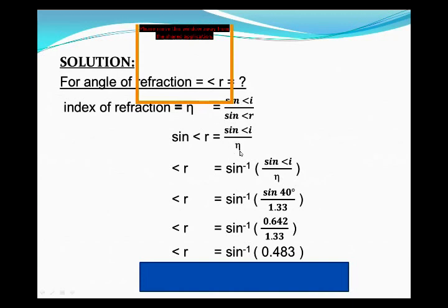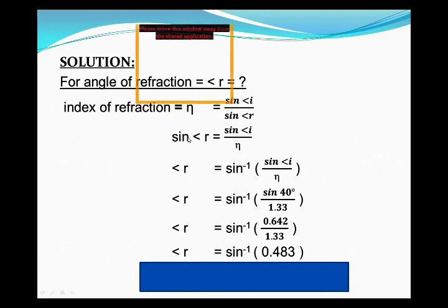So after shifting, it will come in division. But one important thing is that here the value of sine is not required. Here we have to just find out the angle R.